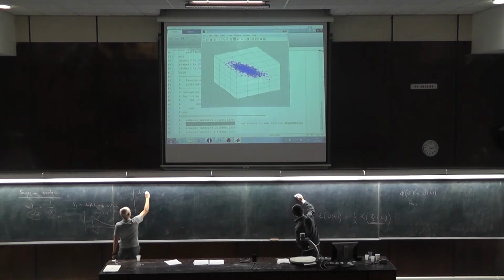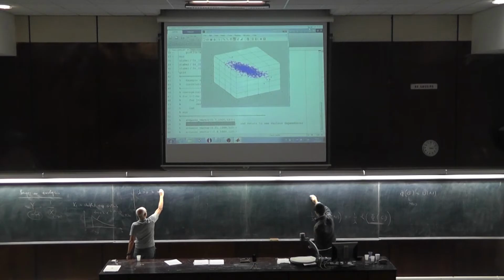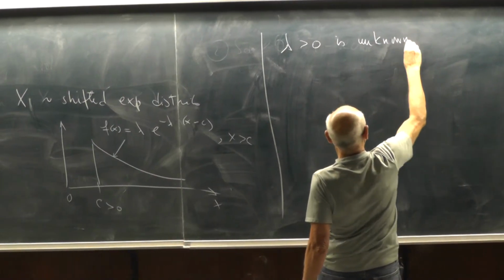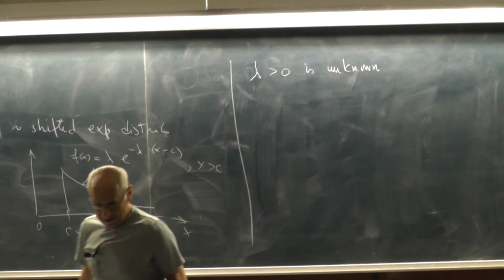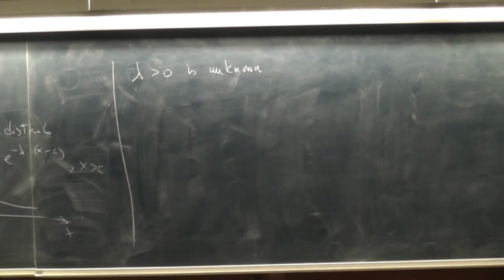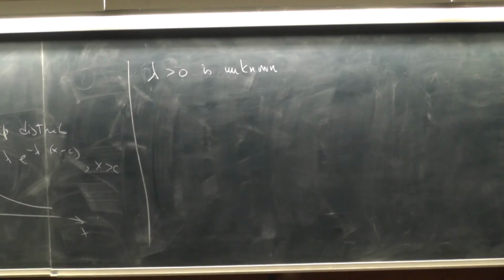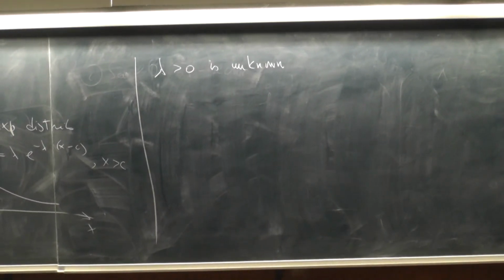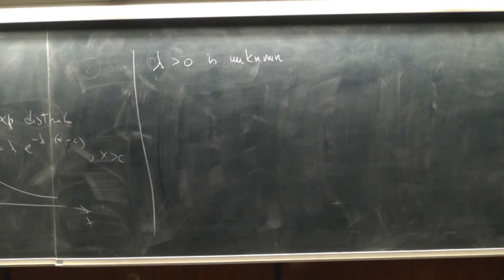Lambda is unknown. And we have some information. The information is twofold, right? First, that the distribution is exponential. That's a huge piece of information.